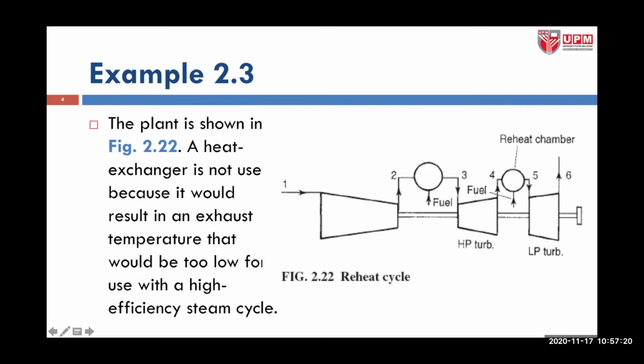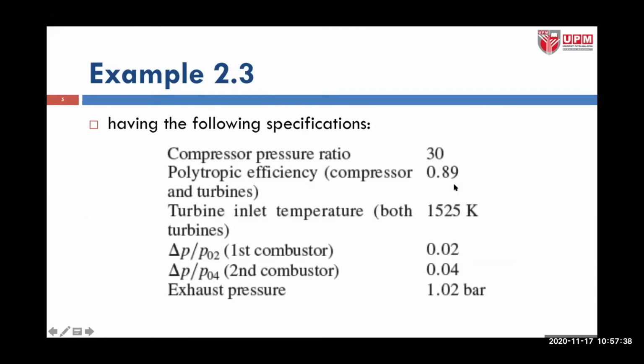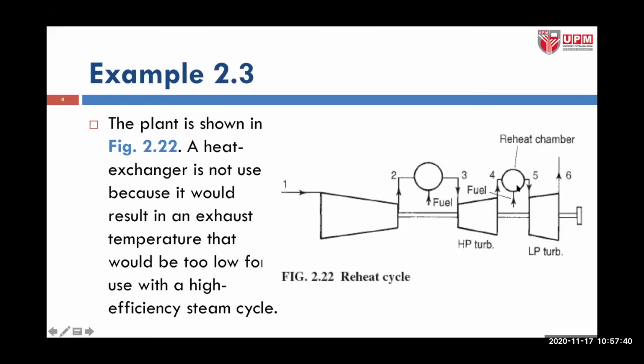We have two combustion chambers instead of just one, and we have a high pressure turbine and a low pressure turbine with only one compressor. A heat exchanger is not used in this particular example because it would result in an exhaust temperature that would be too low for use with a high efficiency steam cycle, right?